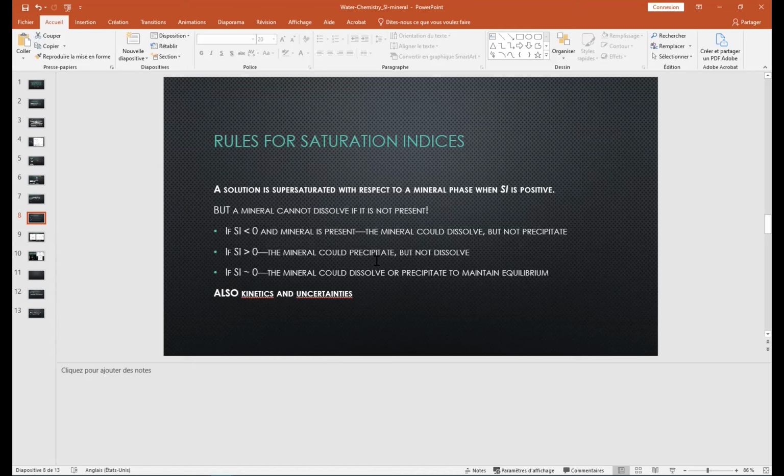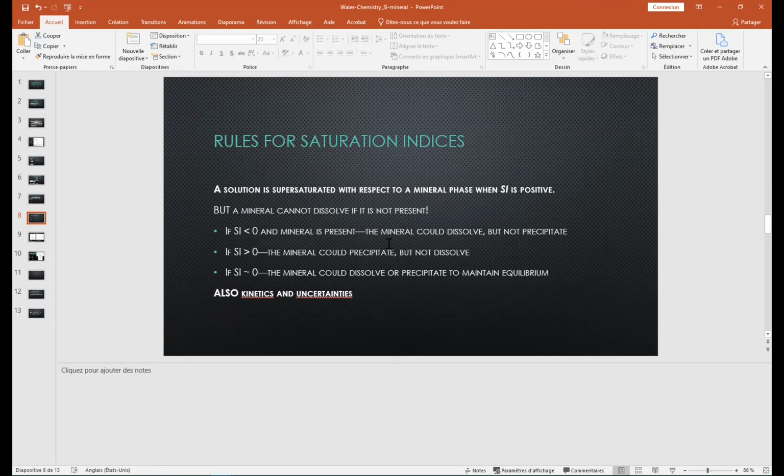It just means that if you have this mineral in your solution, you won't dissolve it. You will be able to precipitate if you can, but it doesn't mean that it's present because you also have kinetics and uncertainties on these values. So always be aware that it's not saying what is really in your solution.